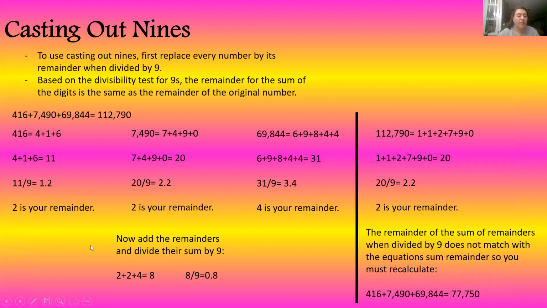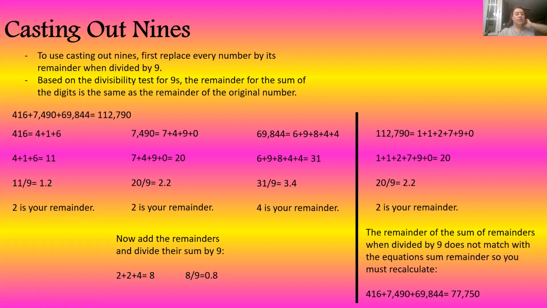So what we have here is 416 plus 7,490 plus 69,844. And now without calculating that ourselves, our problem gives us the answer. It says that our answer is 112,790. Well, casting out nines is supposed to let us know whether that answer is correct or if we need to recalculate the problem on our own.